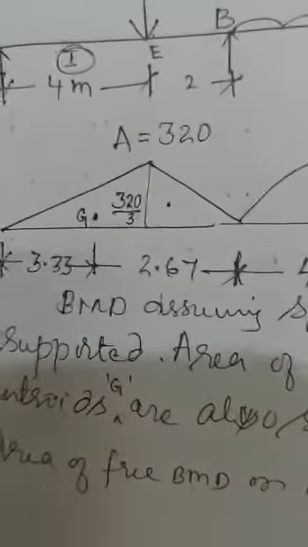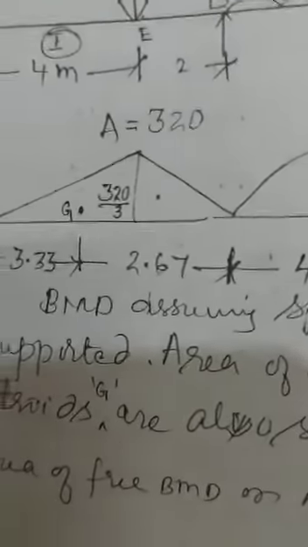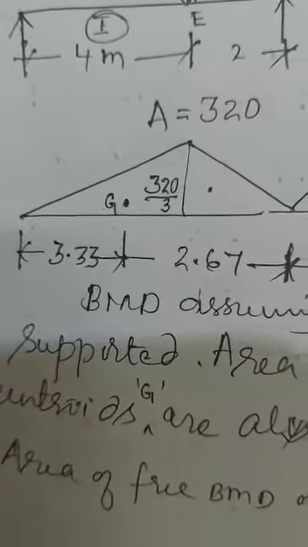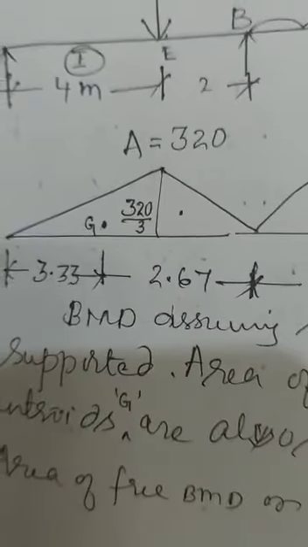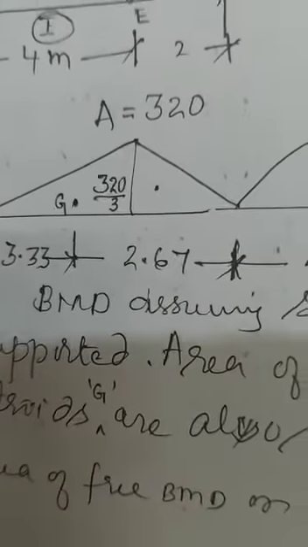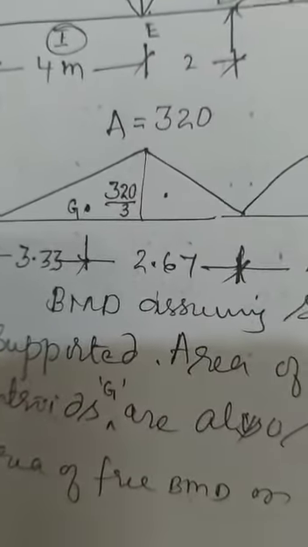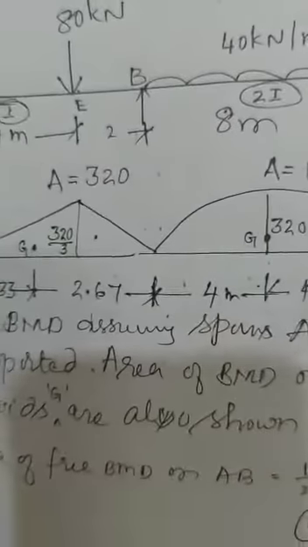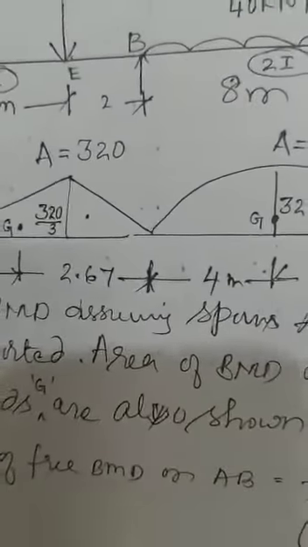What is a? 4 meters. What is L? 6 meters. 4 plus 6 is 10 by 3, 3.33. So the centroid of the triangular portion is 4 plus 6 by 3, that is 10 by 3, 3.33. So from the end B it will be 6 minus that, 2.67.